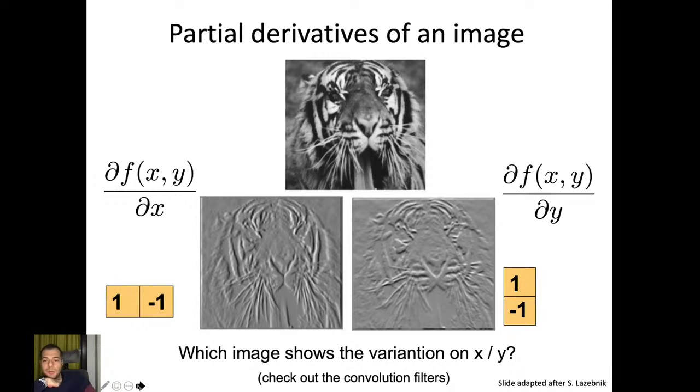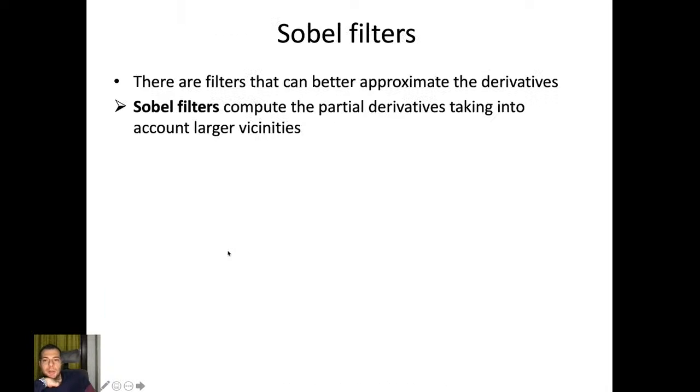So yeah, depending on how you use this filter, you can obtain white and black, and then if you use the opposite filter, you obtain white here and black here.